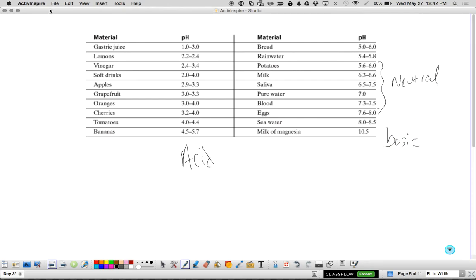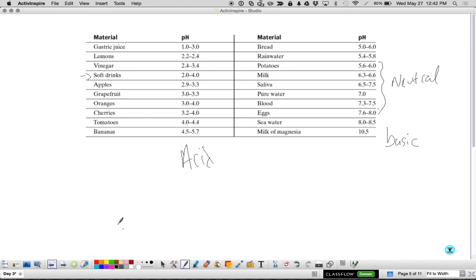Gastric juices is basically just very concentrated hydrochloric acid, then lemons, vinegars, soft drinks. Now this is really interesting. If you look on your next bottle of Diet Coke or Pepsi or whatever you drink, you'll see phosphoric acid on the label.